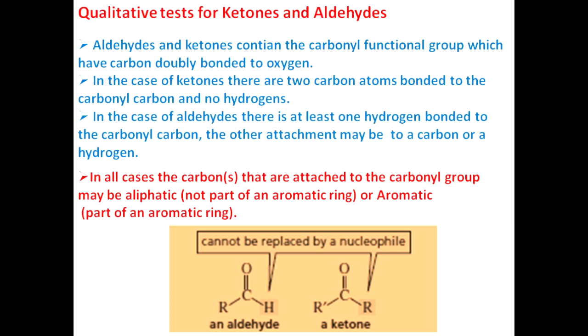The carbon groups attached to the carbonyl may be aliphatic or aromatic. So here one group is alkyl and the other is hydrogen, which is an aldehyde, whereas in ketone both groups are alkyl groups or R, containing carbon, and they cannot be replaced by nucleophiles.